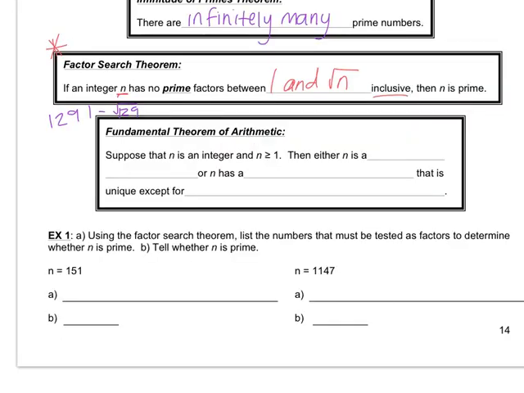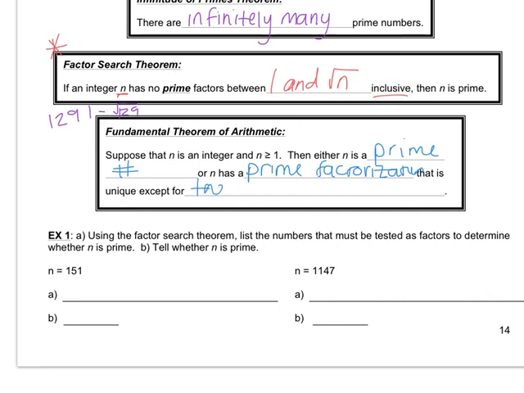All right, the fundamental theorem of arithmetic is pretty simple. It's just making the statement that any number greater than 1 is either a prime number, or if it's not prime, then it has a prime factorization, so you can factor it, and that factorization is unique except for the order of the factors.